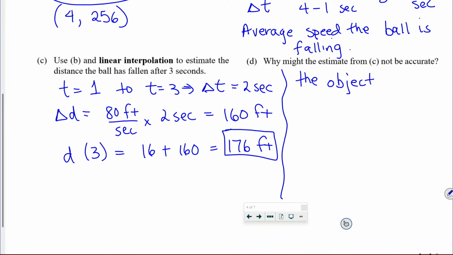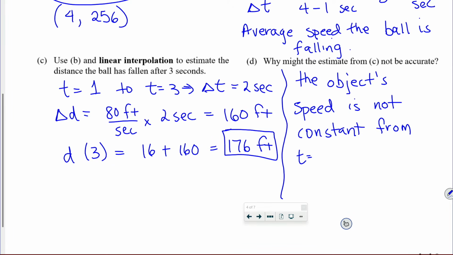The object's speed is not constant. From t equals 1 to t equals, well, it's not constant at all, but I'll say from t equals 1 to t equals 4.